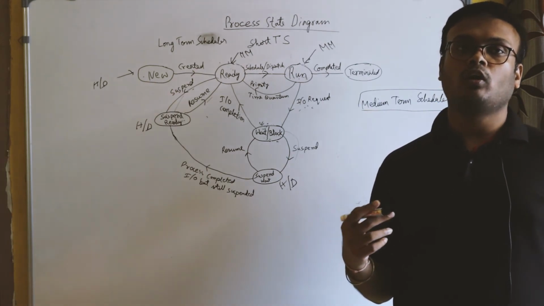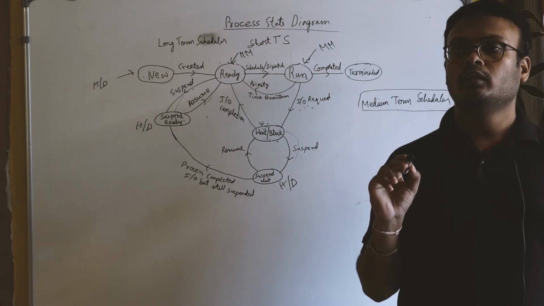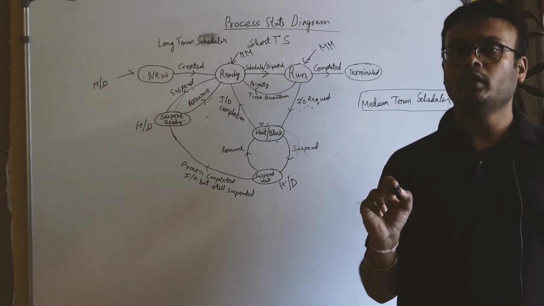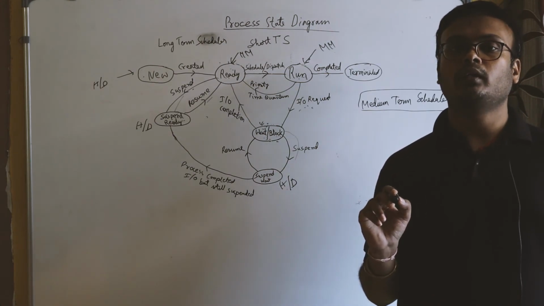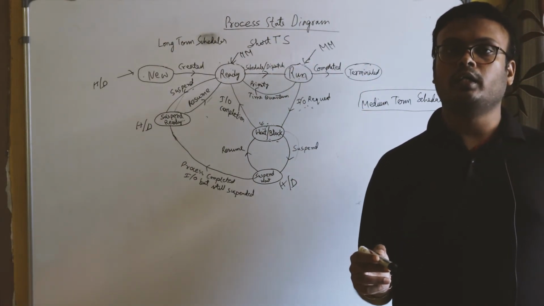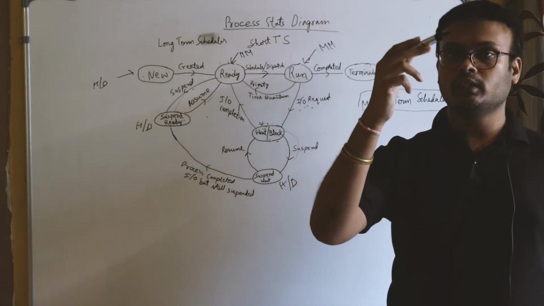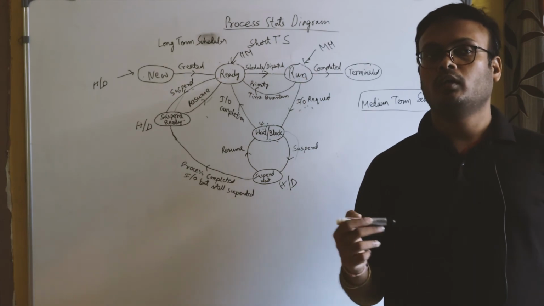It selects the process in main memory which is unnecessarily occupying space and moves it to the hard disk, so that another process from the hard disk can come and enter into the RAM.